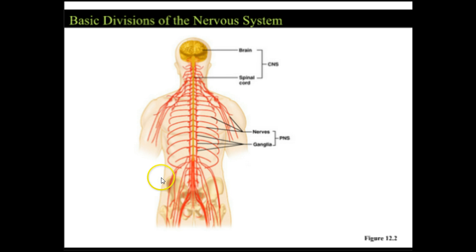For instance, if we were going to sustain an injury, it would be better to the lower part of the spinal cord, because this is supplying peripheral neurons to the lower part of the body. Whereas if you sustain an injury to the upper part of your spinal cord, you're going to damage those nerves.